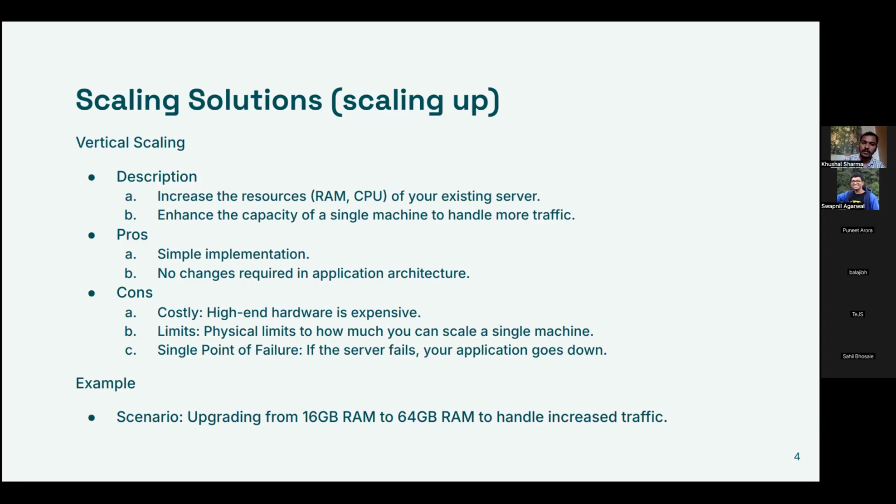It has some advantages in that it is very simple. We just have to increase the hardware and you don't need to change the application architecture, right? But it has some disadvantages because hardware is costly. So as hardware is costly, your total cost will increase, and there's a limit to how much you can increase the RAM.